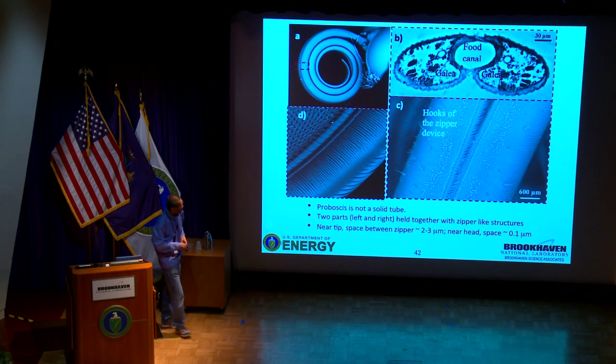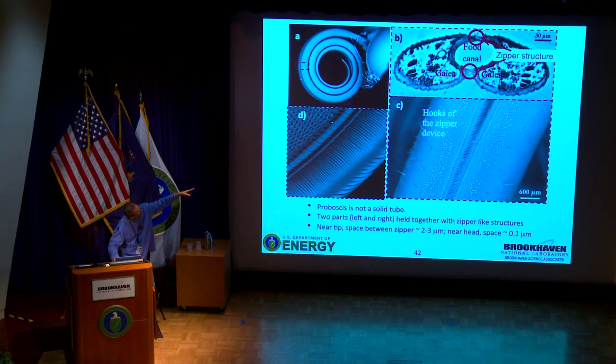Okay? So the proboscis is not a solid tube. There's two parts held together with these zipper-like structures, as you can see here. And you can actually measure that there is some space in between the zippers. And you can sort of see it here, right? And as expected, the zipper is not liquid tight.